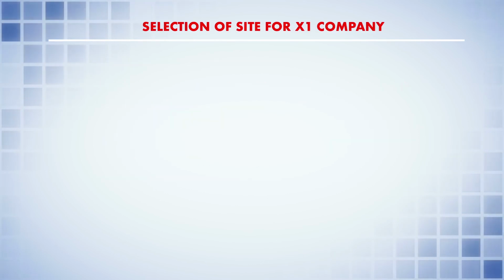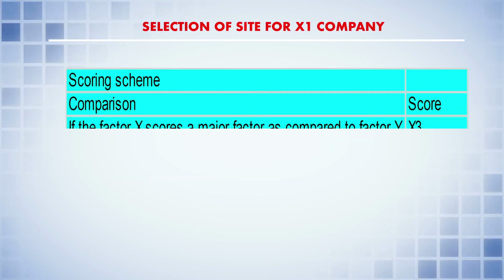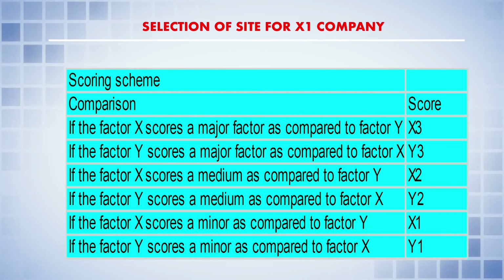total point. Now, this is a very important table, and you can see that we have made 3 scales: 1, 2, 3. Now, we are comparing 2 factors x and y.